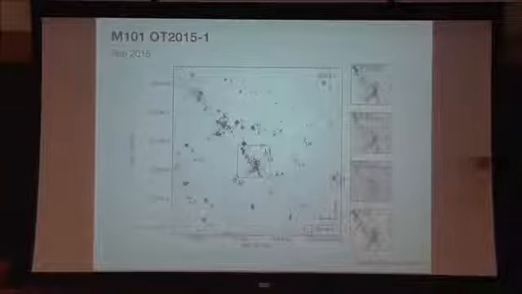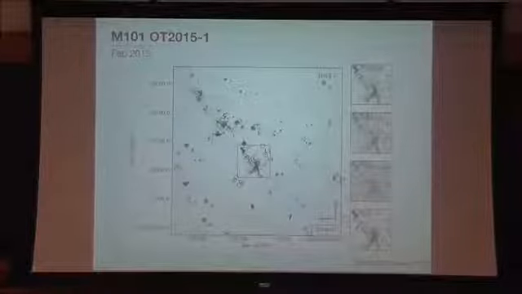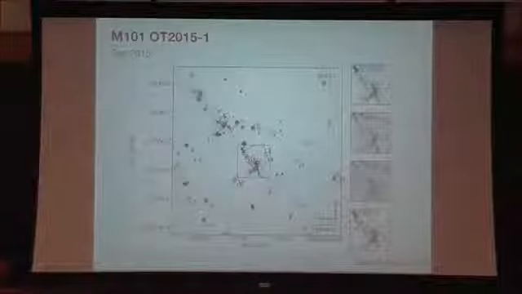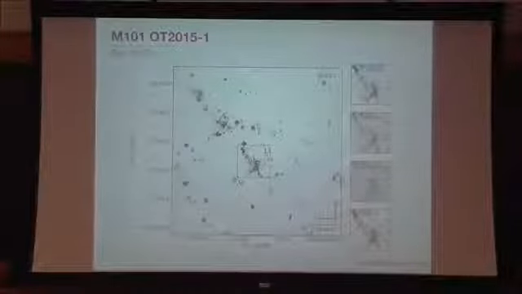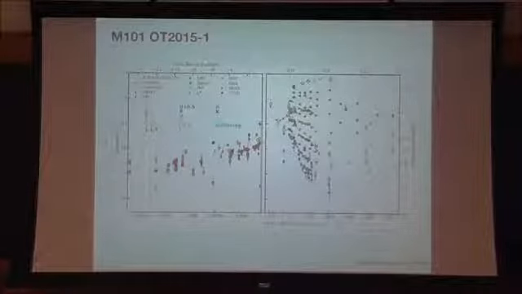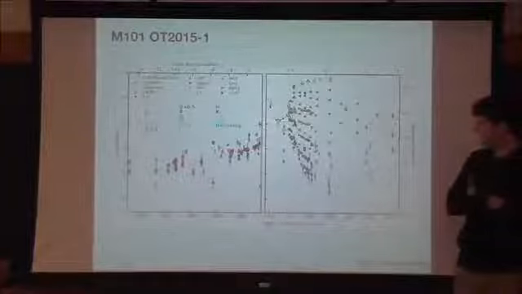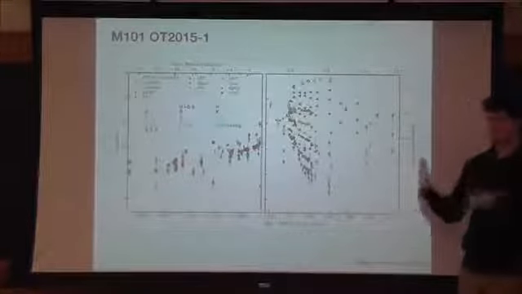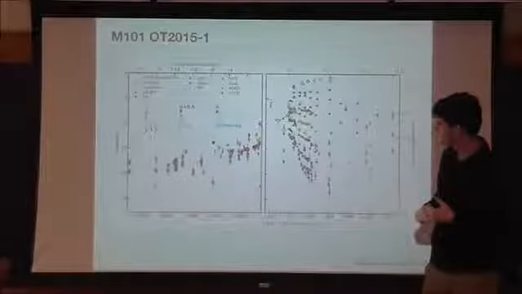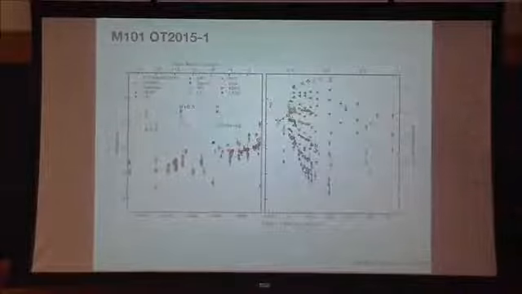So what you see marked here is the position of the progenitor in HST imaging, and you see it's in this knot of star formation in one of the spiral arms of M101. And here's the multi-band light curve of the transient. We actually missed the peak of the light curve because the object was behind the sun, but when people looked back, it was fading in the optical and still quite luminous in the infrared.